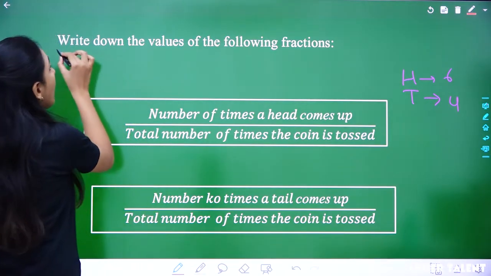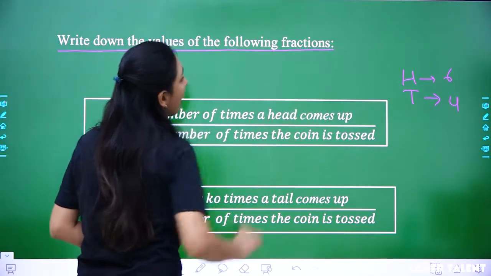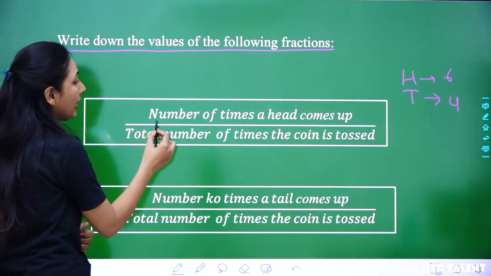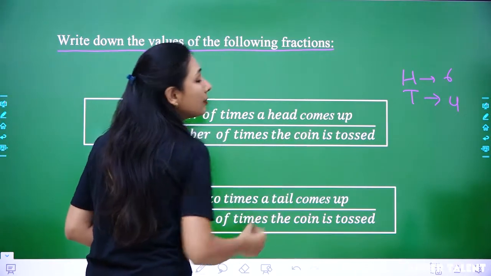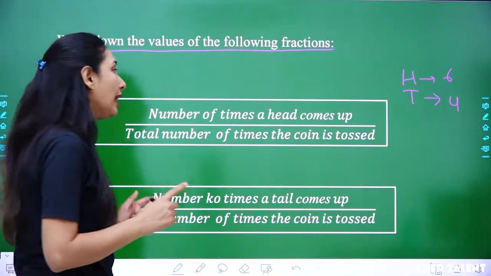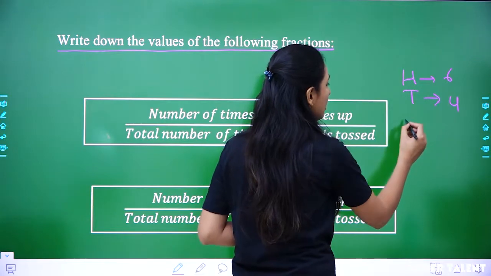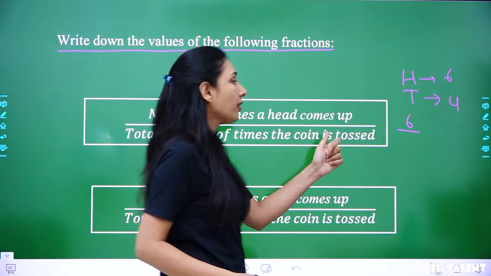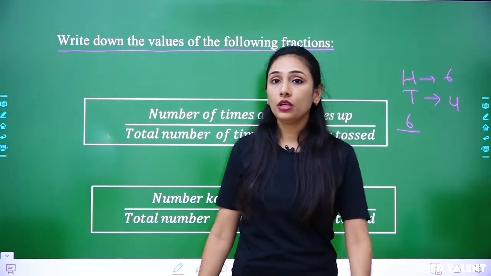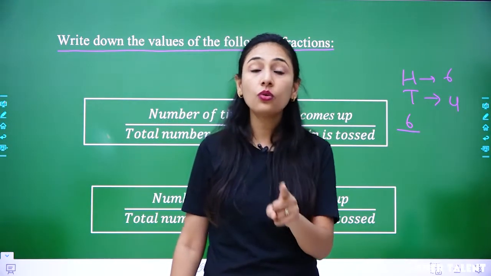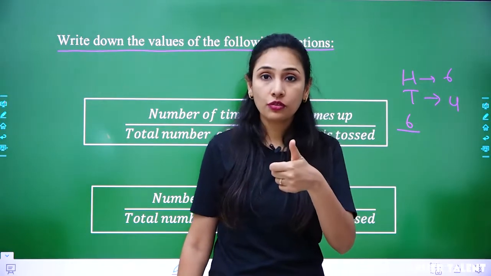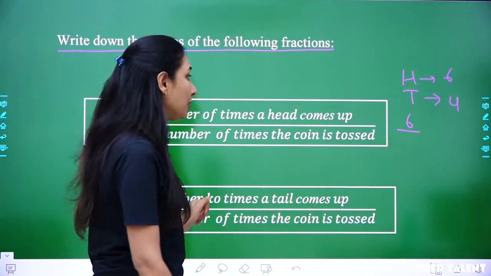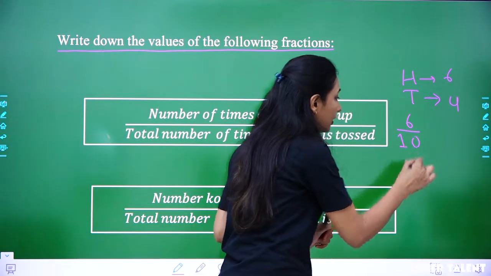Now here, write down the values of the following fractions. In the first one, we have the number of times a head comes up, which is 6 times, upon the total number of times the coin is tossed. Look in your record book where you are recording: you toss the coin 10 times, so here it will be 10.